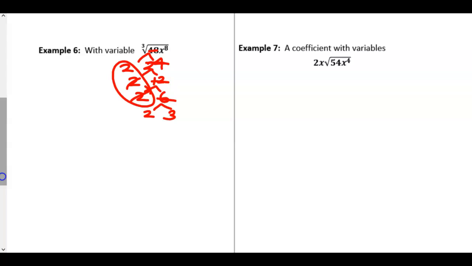Now, before I go any further, does everyone see I have x to the 8th power? So x to the 8th power. Follow me here. There's 8 x's. Now, if you drew them all out, I don't want you to circle 2. We're doing cube root. I want you to circle 3.